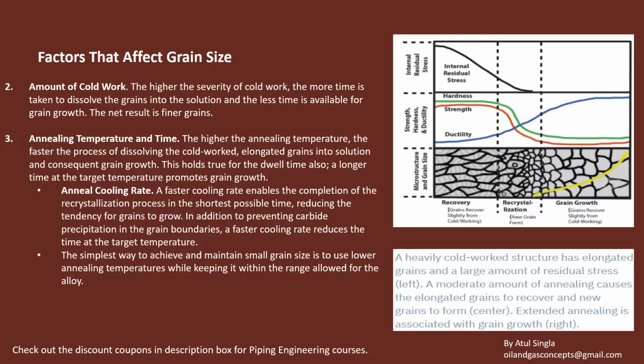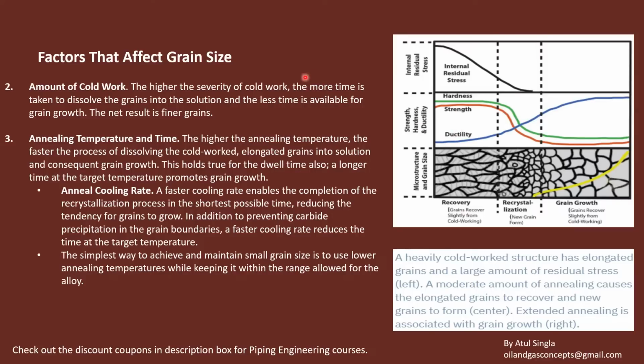If we don't stop at a particular time period and keep on doing the annealing, then the grain sizes again start increasing. So this is how there is a change in grain sizes when we do cold work and then annealing within a particular time period and range. If we keep on annealing for a longer period, there is a change in grain sizes.